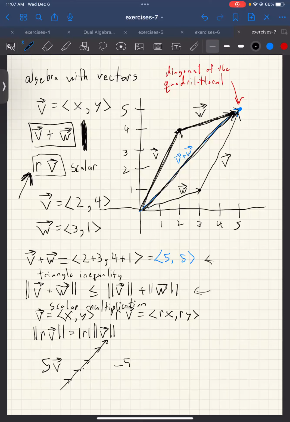But what if I multiplied my vector by -5? Well, now instead of my vector looking like this, I'm stacking it on itself 5 times, but also facing the opposite direction. So how do I figure out my new direction angle?